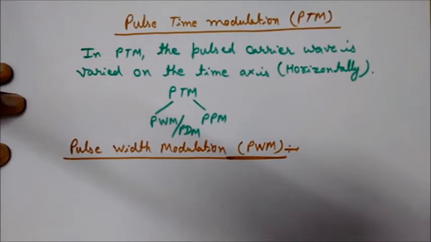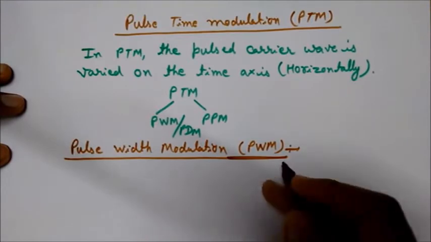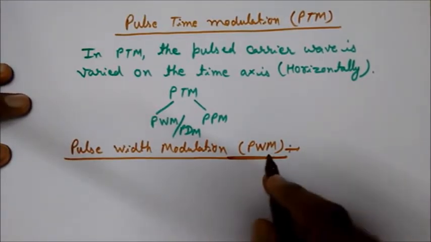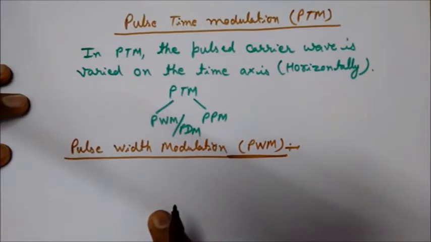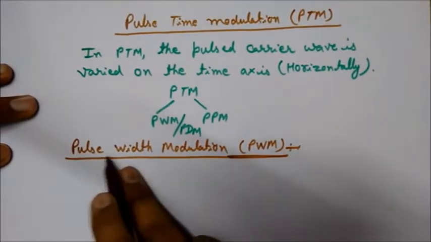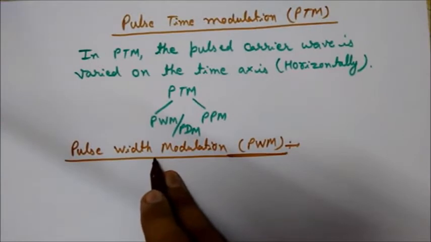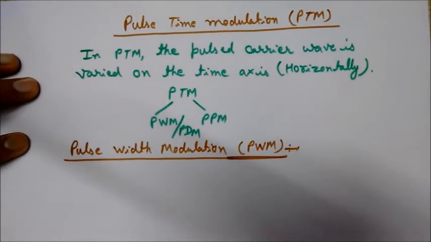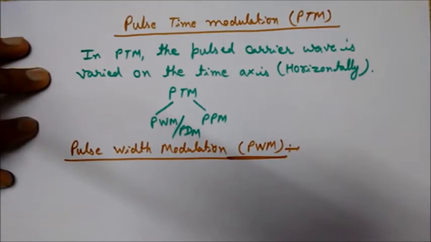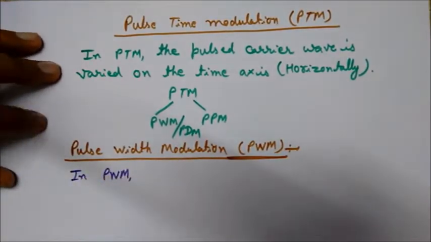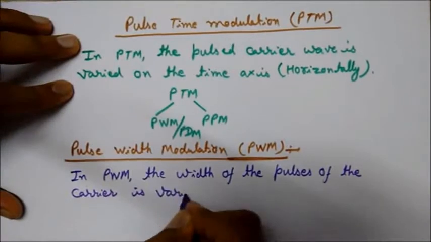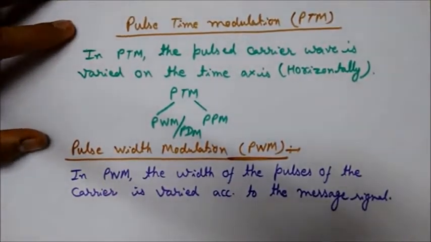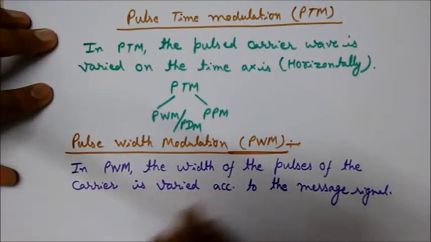If it is frequency, then in the form of frequencies. And if it is phase, then the information will be contained in the form of phase changes. So here it is pulse width. The width of the pulsed carrier will contain the information. Changes will be in the form of pulse widths. So let's write it in PWM. This is the definition of pulse width modulation.